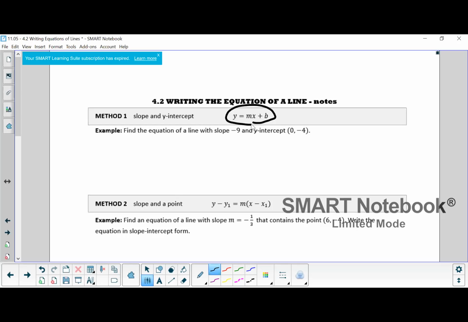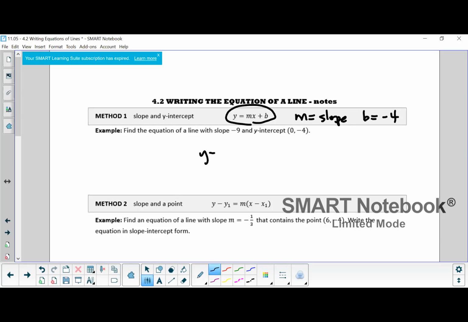So the example says, find the equation of a line with slope -9 and y-intercept -4. Well, the slope is your m, and the b is the -4. And so you just plug that in.